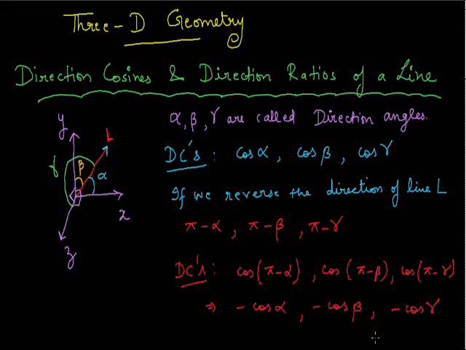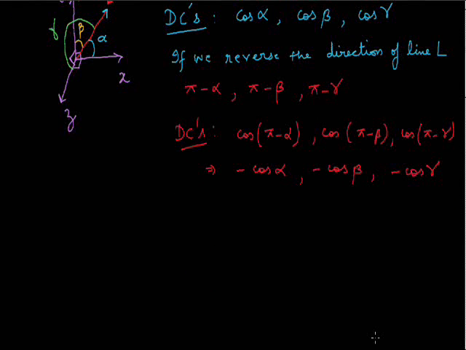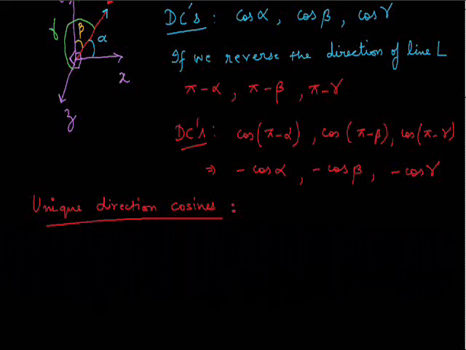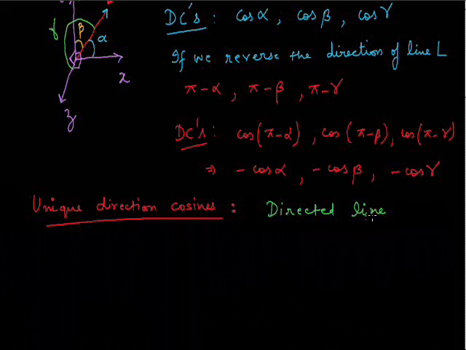So if we want a unique set of direction cosines, we just need to assign direction to the line. So we need a directed line. A directed line is one which has been given a specific direction.